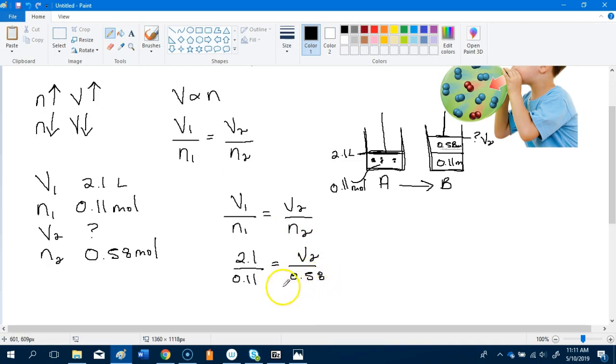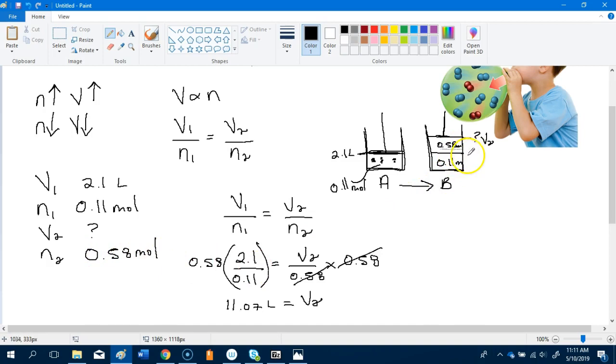That means we bring 0.58 to the other side by doing the opposite operation, and the opposite of dividing is multiplying. That cancels it out, leaving us with volume, but whatever we do to this side we also have to do to the other side. So we multiply 2.1 divided by 0.11 by 0.58, and that gives us 11.07 liters as the final volume when we now have 0.58 moles.